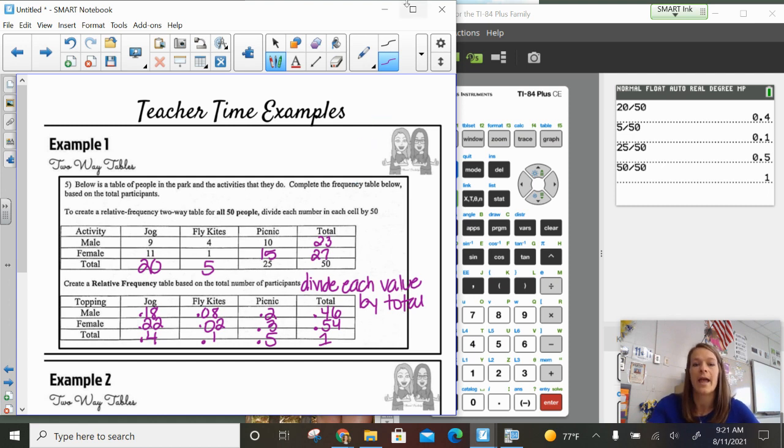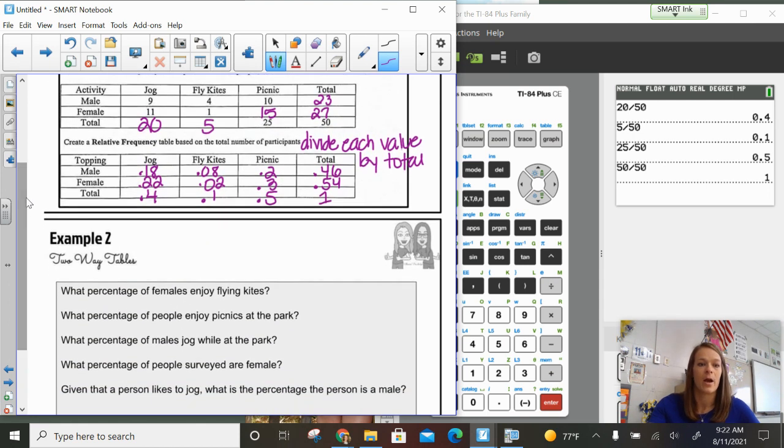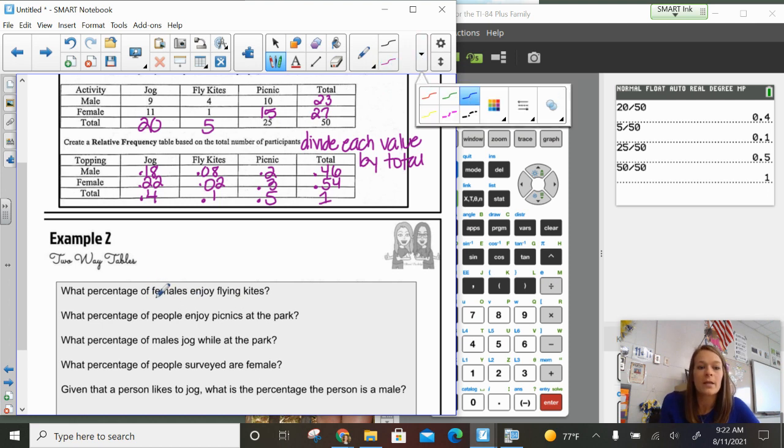Now we're going to use that table to answer some of the questions below. The first question asks what percentage of females enjoy flying kites. We are only looking at females here, so I am only concerned about this female row. Females that fly kites, that's just 1.